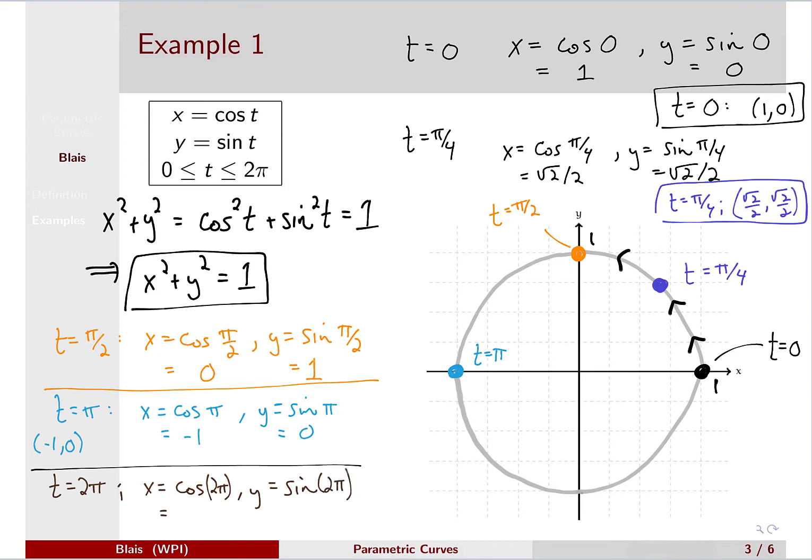And we know that cosine of 2 pi is 1 and sine of 2 pi is 0. So we're at the point (1, 0). And so we end where we began, and we see that, yes, in fact, this is a parametrization of the unit circle. This parametrization traces out the unit circle exactly once in a counterclockwise direction, starting at the point (1, 0).